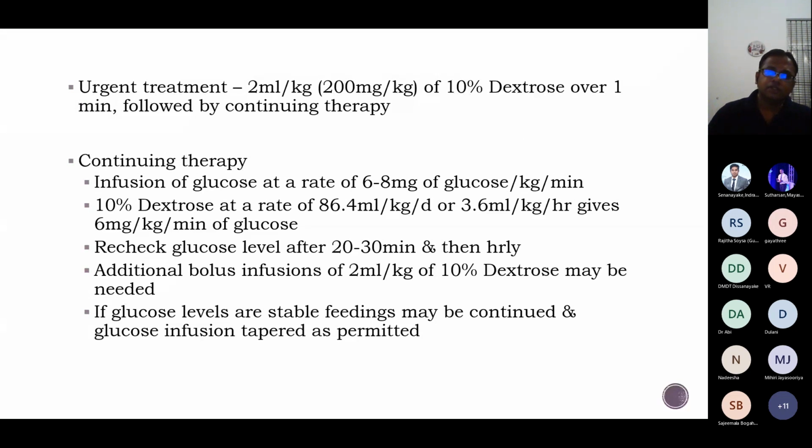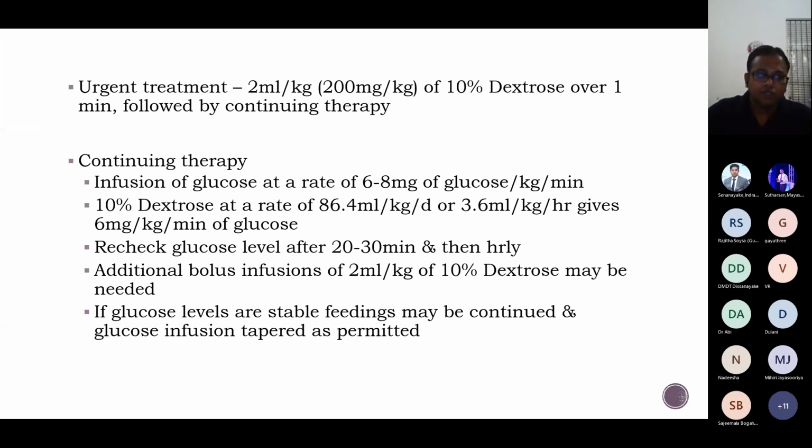So for urgent treatment, we can give 2 ml per kg, 10% dextrose. Some authorities recommend 2 to 4 ml per kg, and always you have to follow this up with continuing IV therapy, IV dextrose drip.